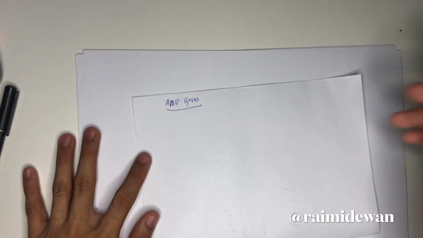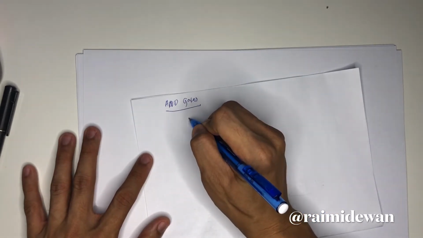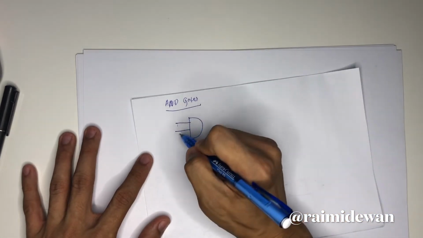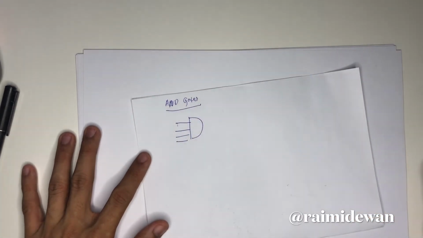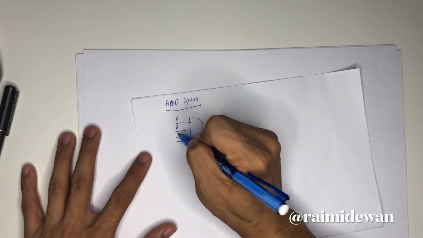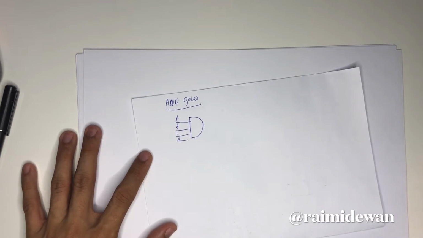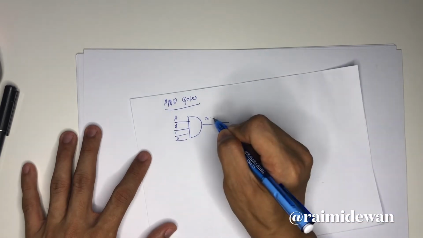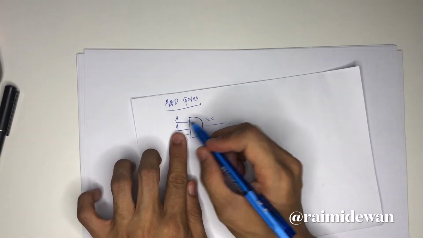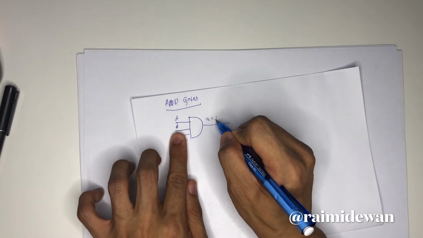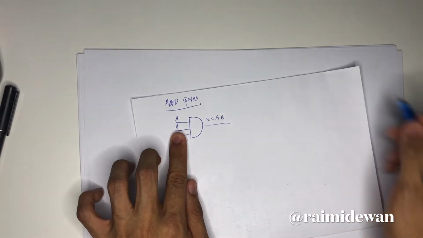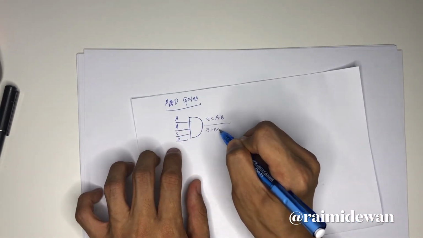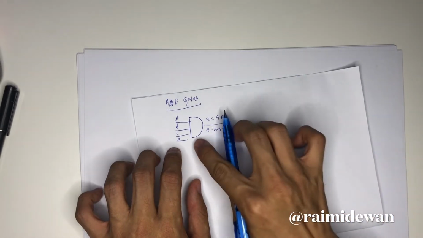An AND gate can have 2 or more inputs, let's say 3 or 4. You can have a lot of inputs. For example, you can have A, B, C and D, and then your output, for example Z. If we only have two inputs, it can be A dot B, A multiplied by B. If you have more inputs, you can have A times B times C times D. This is your AND gate.